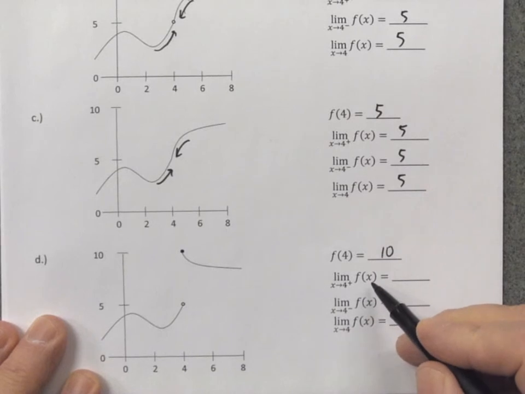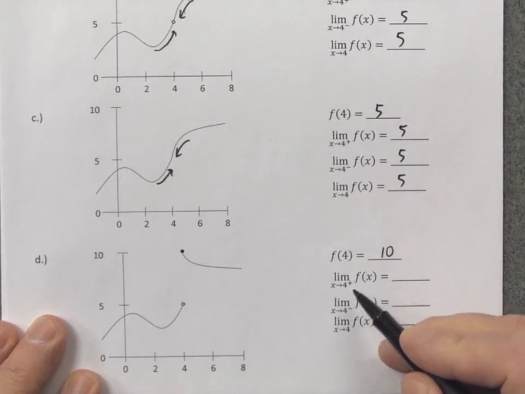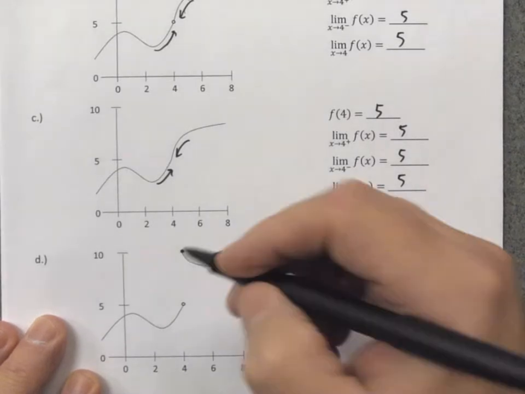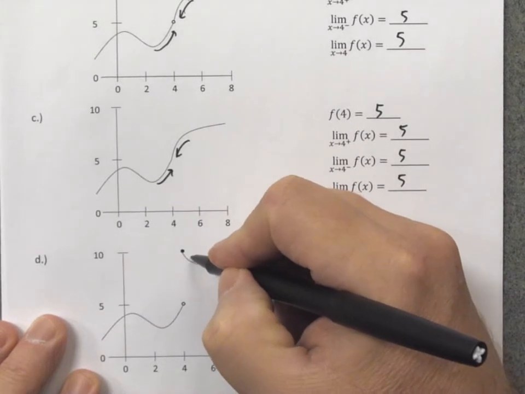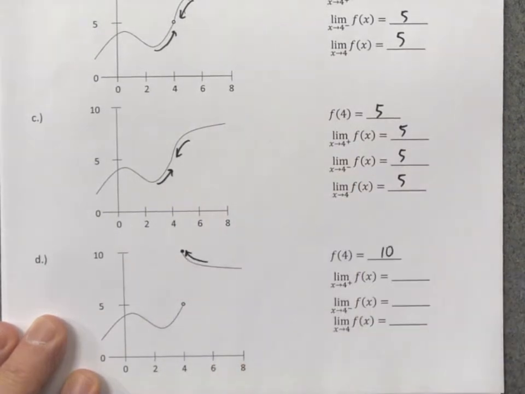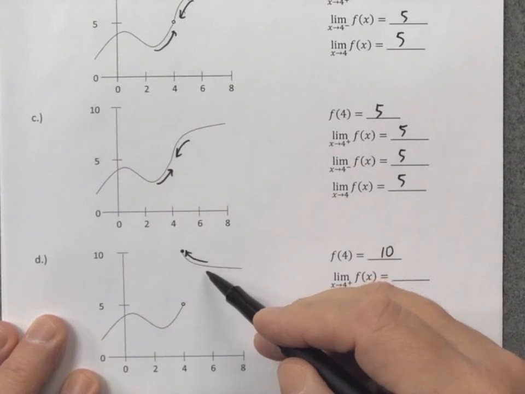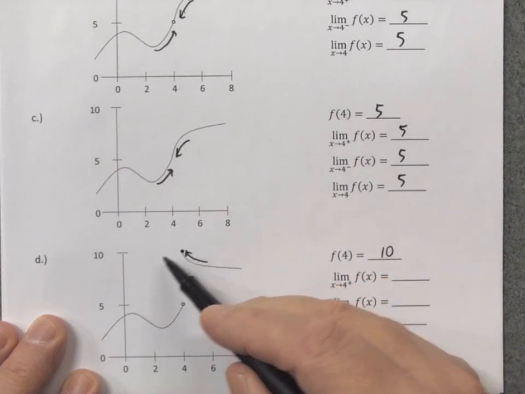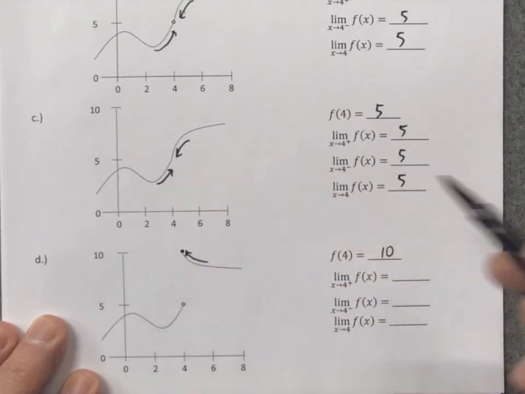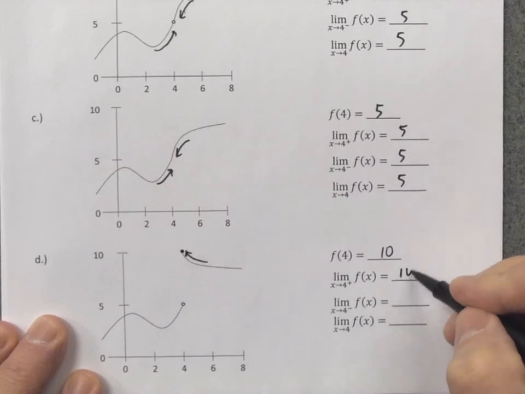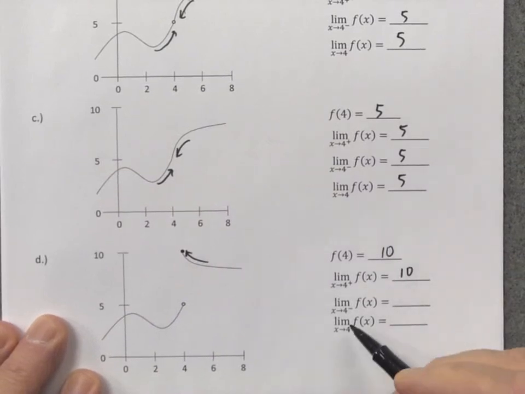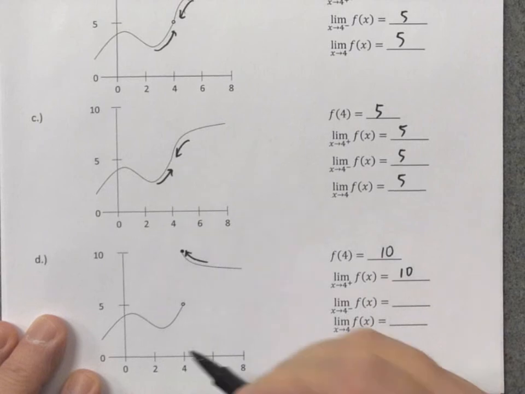What's the limit as you approach x equals 4 from the high side? We're up here, right? As x approaches 4 from the high side, what's the function approaching? What number am I approaching? 10. How about when I approach x from the low side?